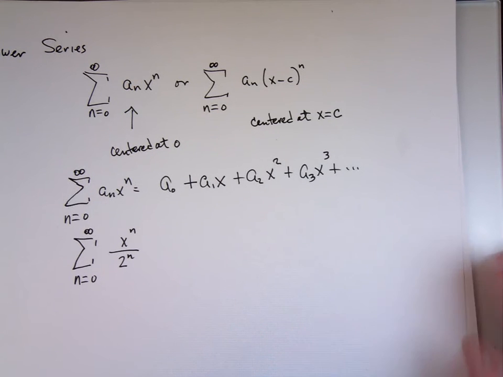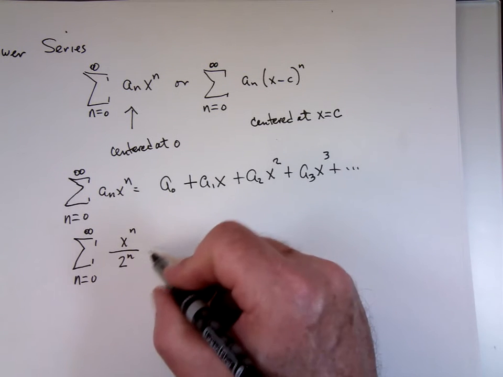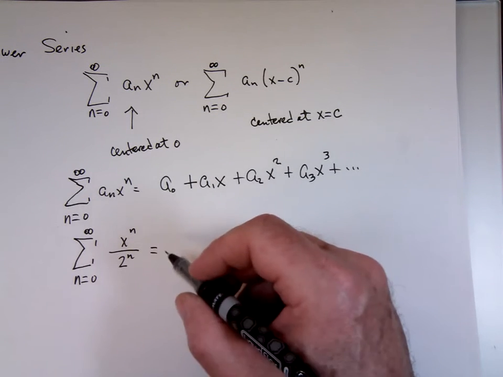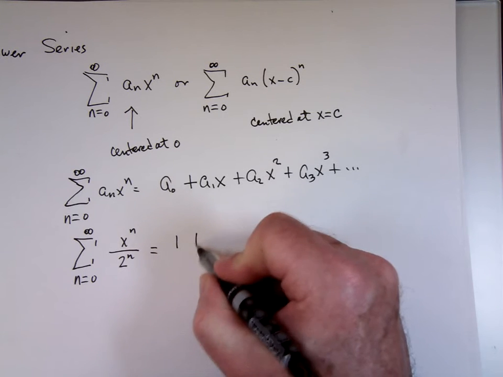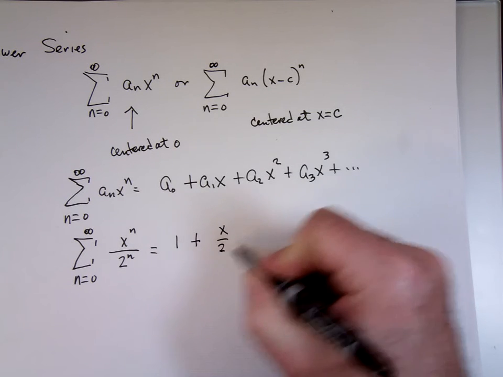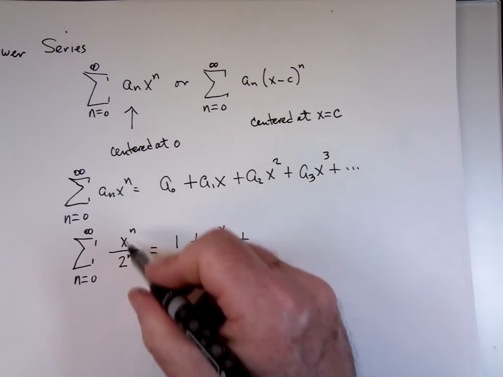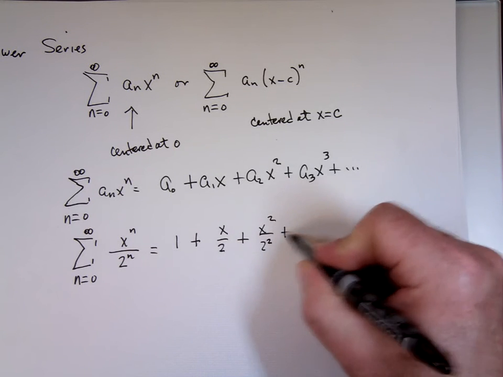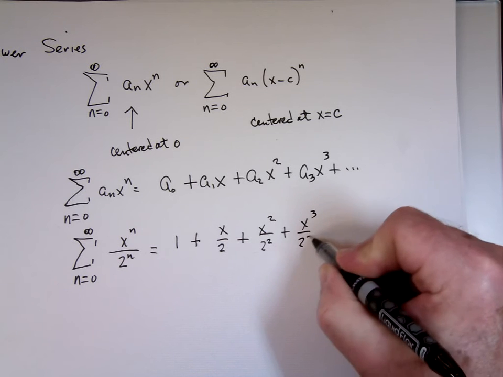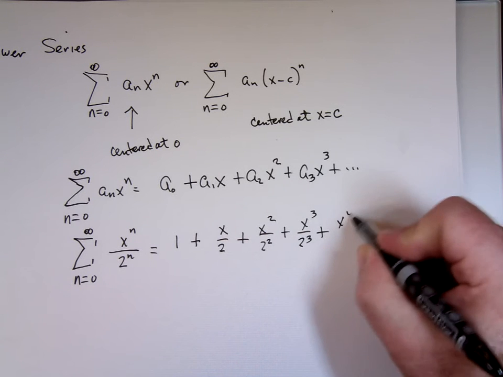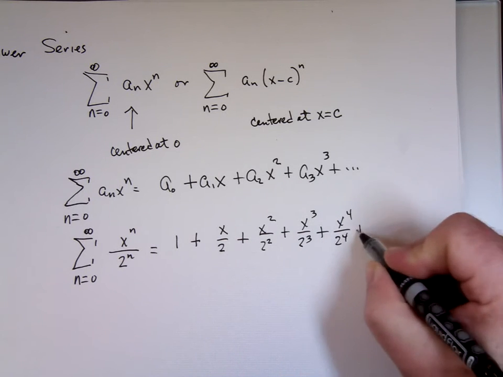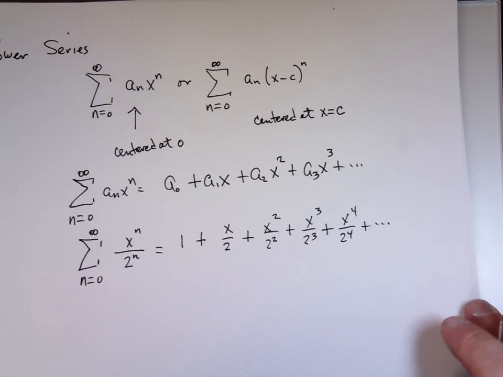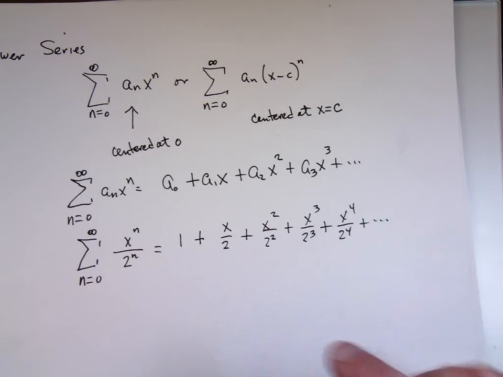When n is 2, we get x squared over 2 squared, 4. Then x cubed over 2 cubed, etc. So it just has to have an x to the n and some constant. That's all it needs.